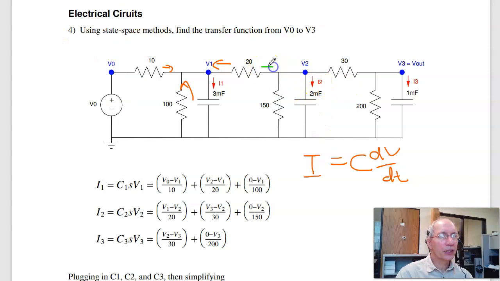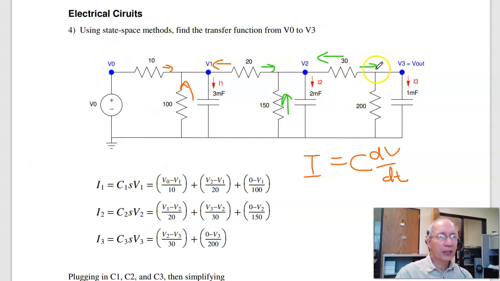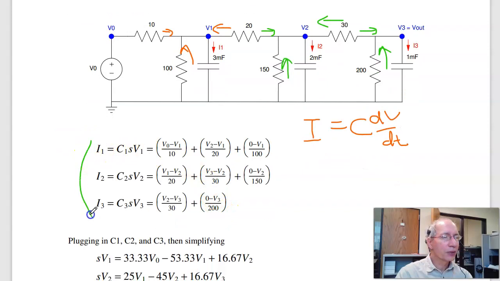I2 is equal to this current, V1 minus V2 over 20, plus this current, 0 minus V2 over 150, plus this current, V3 minus V2 over 30. And the third one, I3, is this current, V2 minus V3 over 30, plus this current, 0 minus V3 over 200. Gives you 3 equations.